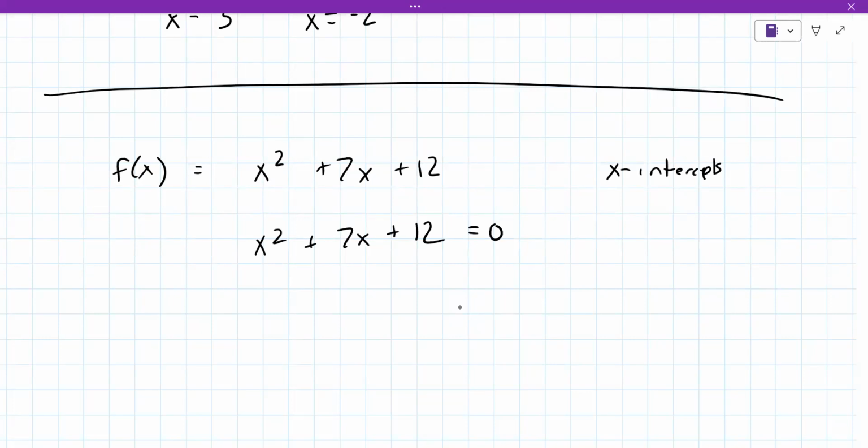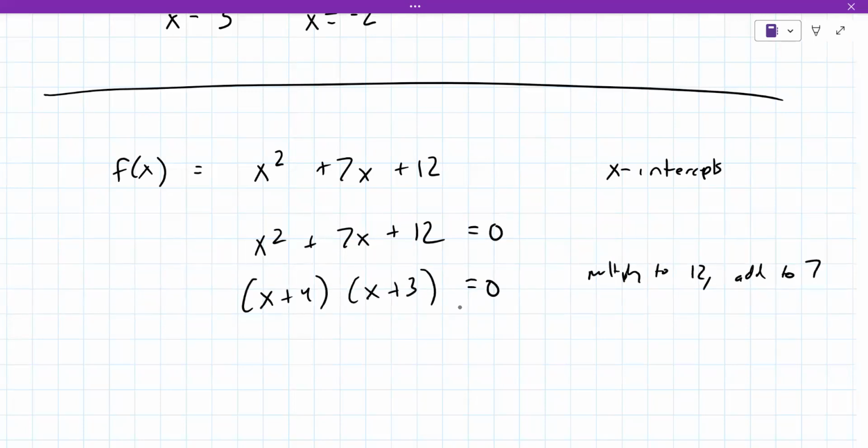And then you've been solving problems like this for a while now. A lot of students do it, since January. You did your share of them. You're finding two numbers that multiply to 12, but add to 7. 4 and 3. So this becomes x plus 4, x plus 3 equal to 0.